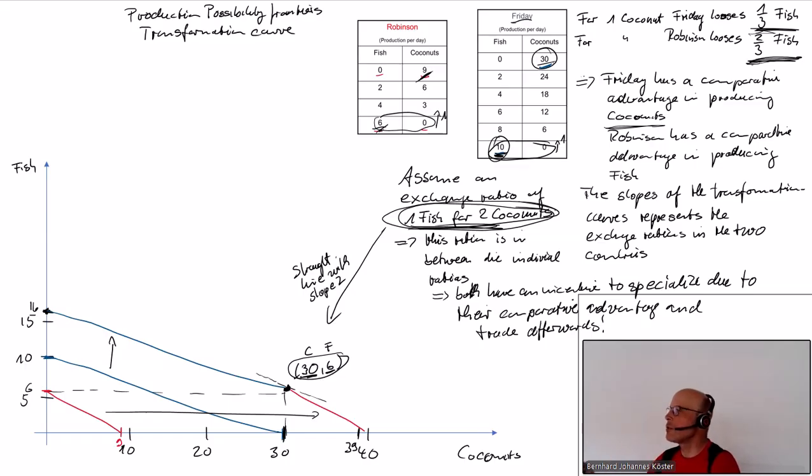How much coconuts do I get for 6 fish given an exchange ratio of 1 to 2? How much? 6 fish have what kind of value measured in coconuts?